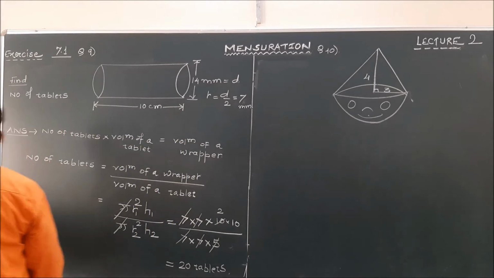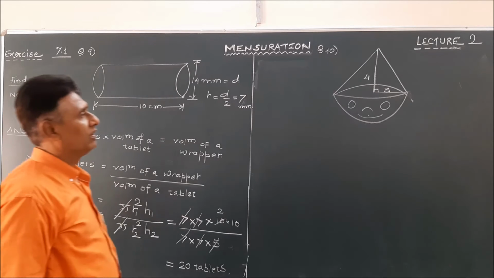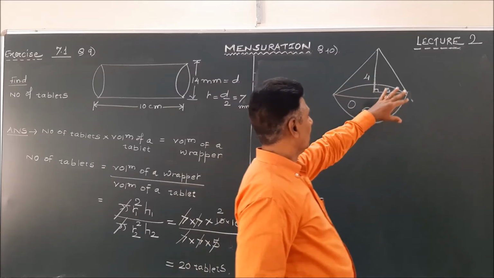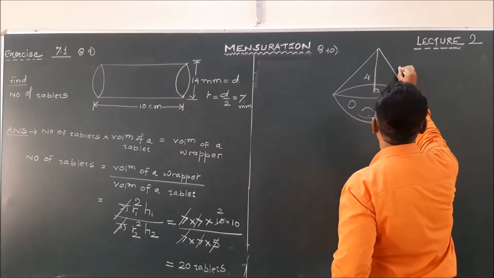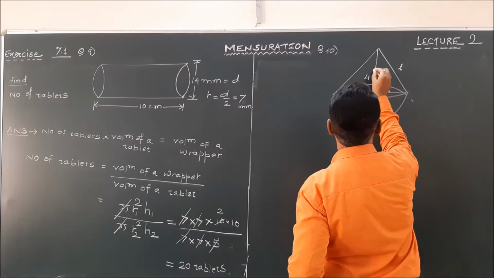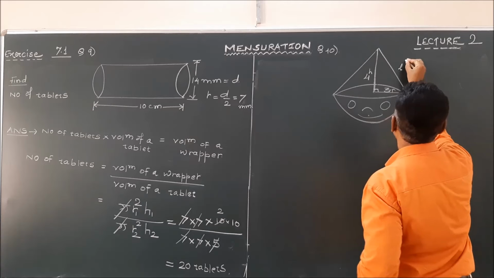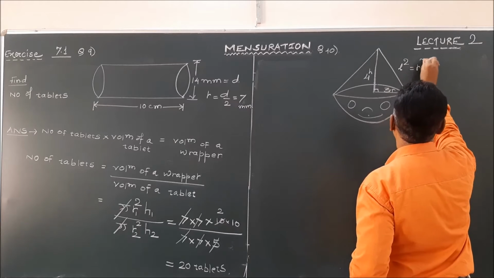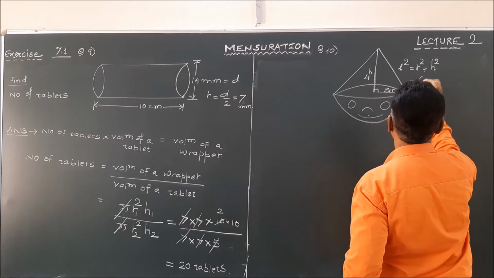Now let's see here. The toy is divided into two parts, cone and hemisphere. So here this is L, this is H, and this is R. So L square is equal to R square plus H square. Why do we need to find L? The reason is very simple.